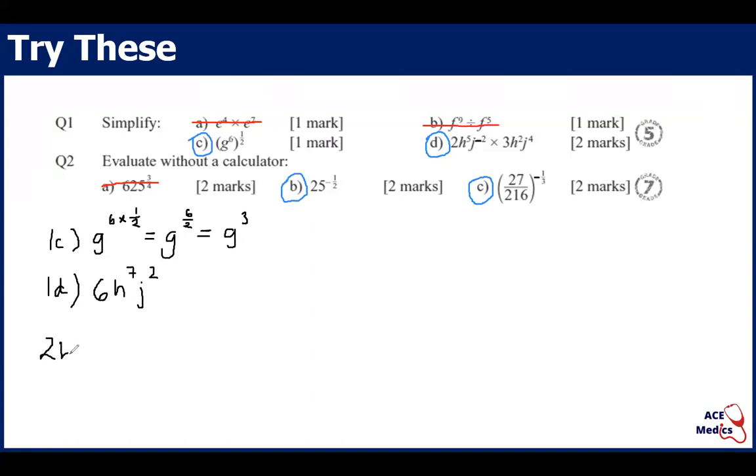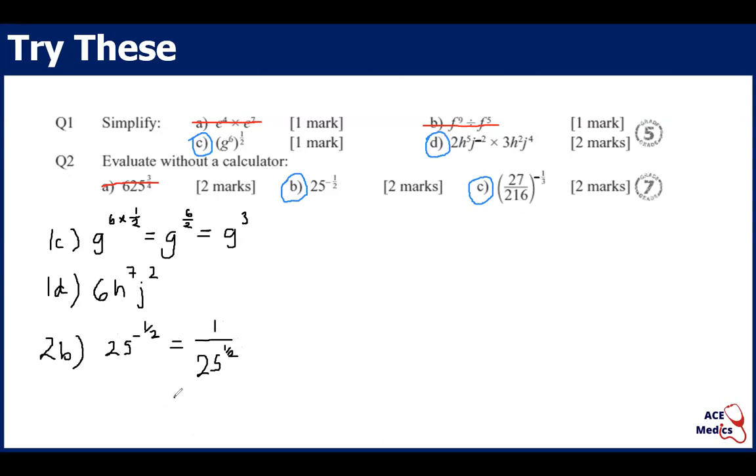2b then is where it starts getting a little bit trickier. Oh, it says without a calculator. That's so mean for the last one. I'll let you do it with a calculator. So 2b, we've got 25 to the power of minus a half. Remember, if anything is to the power of a minus, it gets flipped and that indice becomes positive. So 1 over 25 to the power of a half.